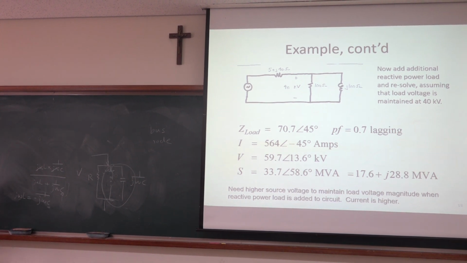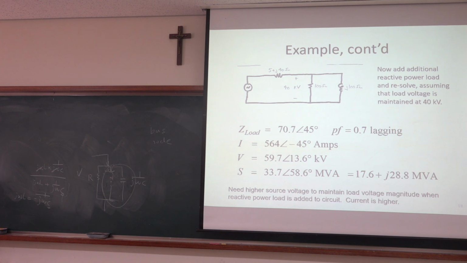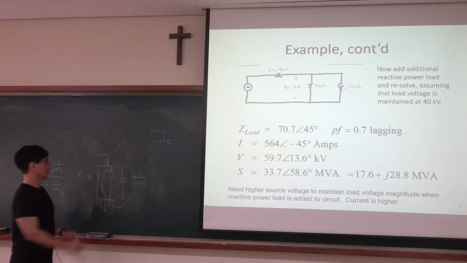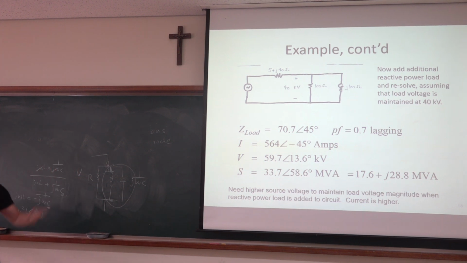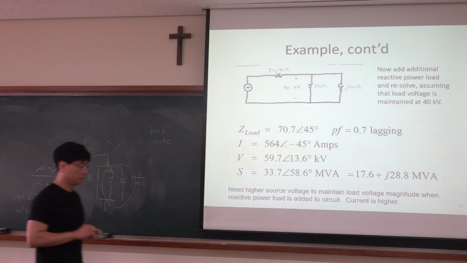So ω²LC should be 1. This ω is 2π times f. So when we know L here, you can determine C to make the load a purely resistive load.